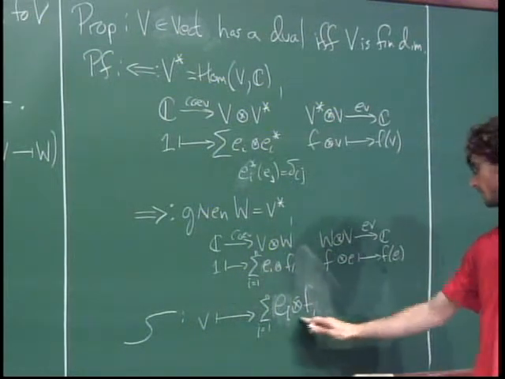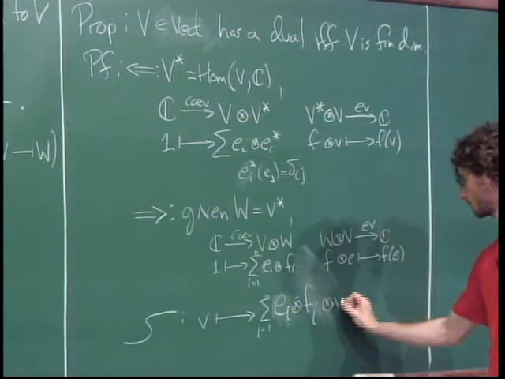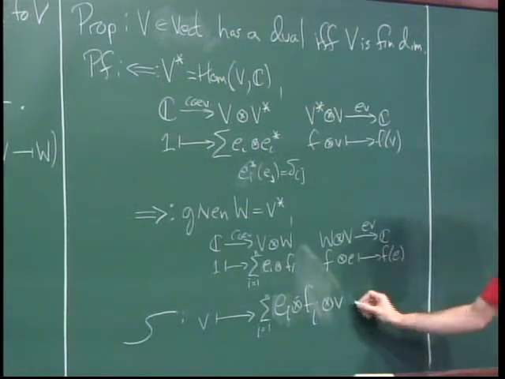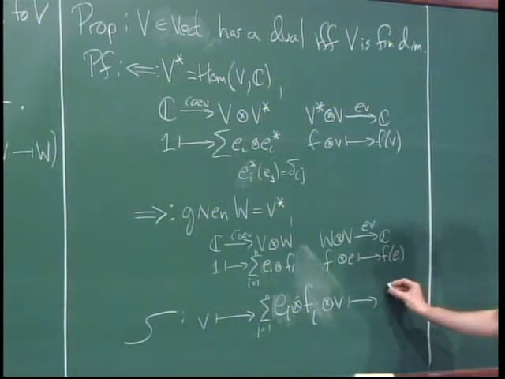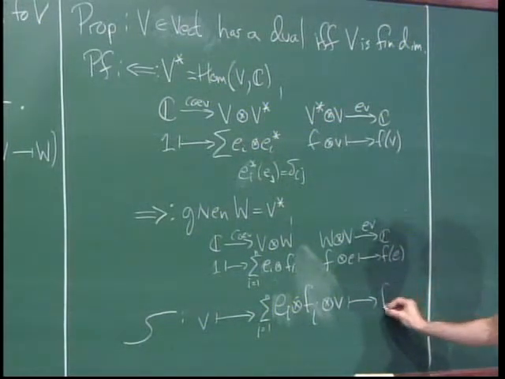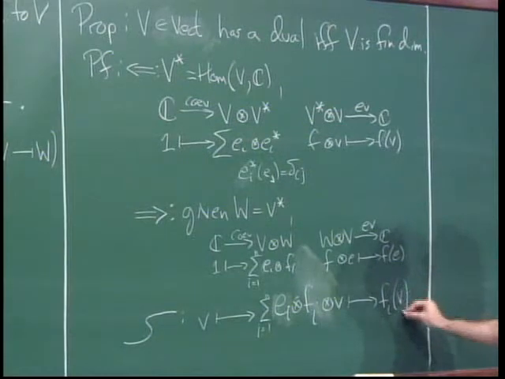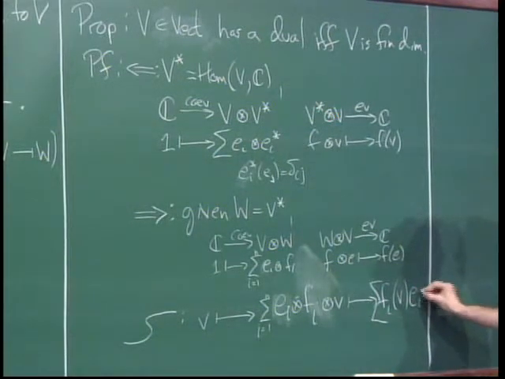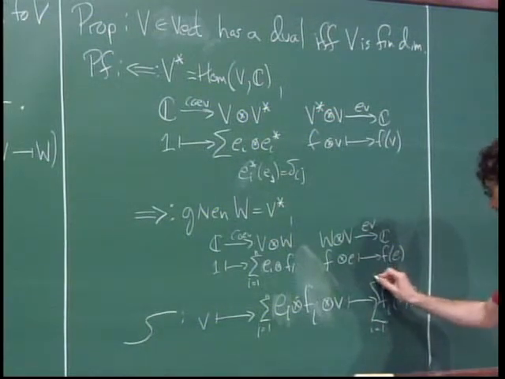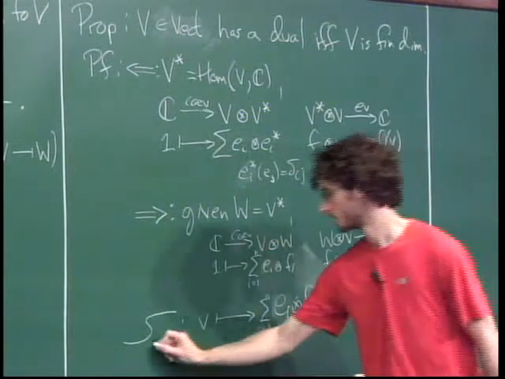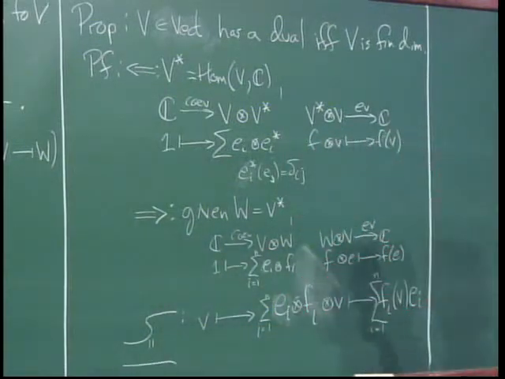So I have the sum of e_i tensor f_i tensor v, and then I evaluate the last two factors, and so this goes to the sum of f_i of v times e_i, again from i equals 1 to n. But by the basic duality equations, this is the identity, so this is just the vector v.